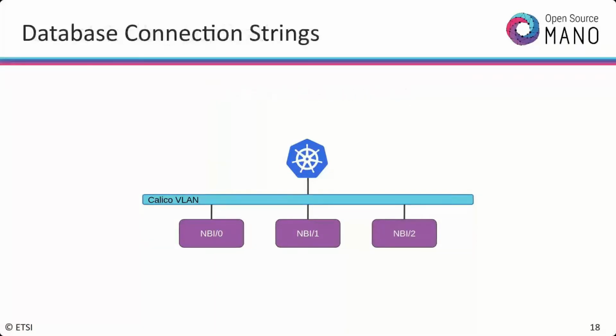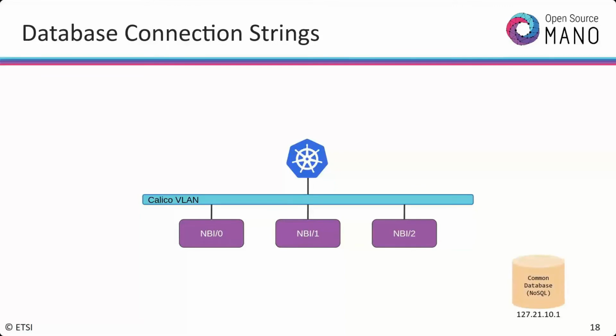Database connection strings. If you wanted to have an external Mongo database and an external MySQL database, because your IT department already knows how to set up a production-grade Mongo replicated, geographically redundant cluster, and they say, okay, we've installed it, now how do we make OSM work with it?